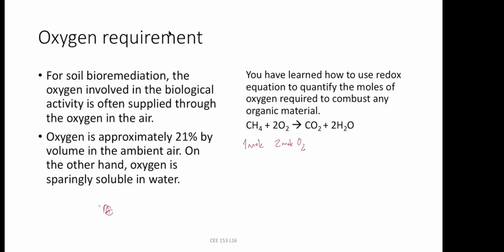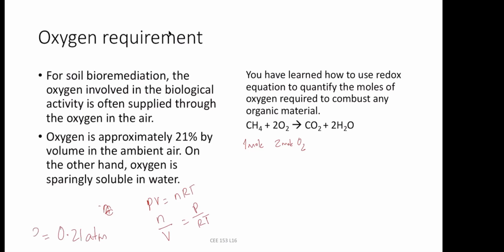PV equals nRT, so the moles of oxygen per volume of air is P over RT. That's how you can calculate if you know the partial pressure, and only 21% of that is oxygen, so 0.21 atmosphere is oxygen.